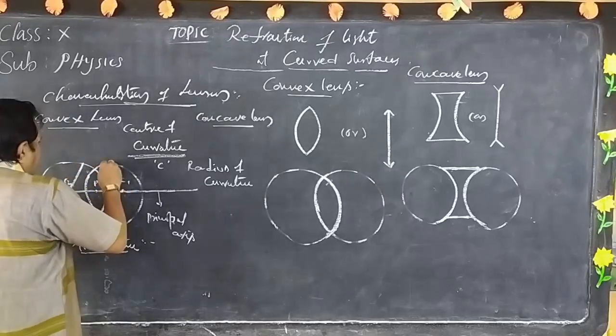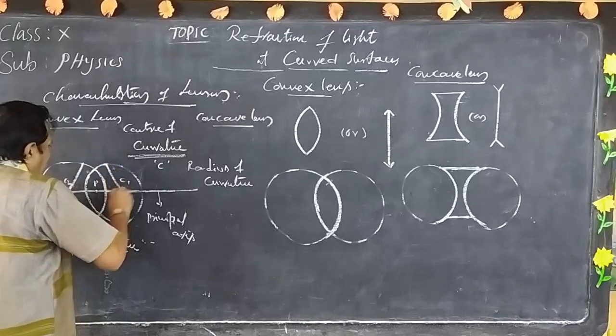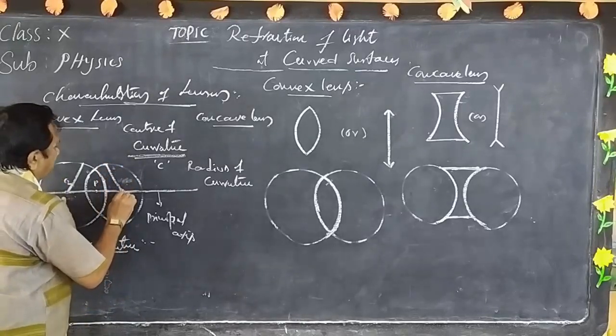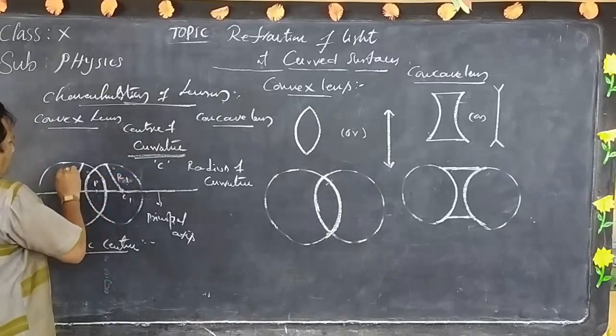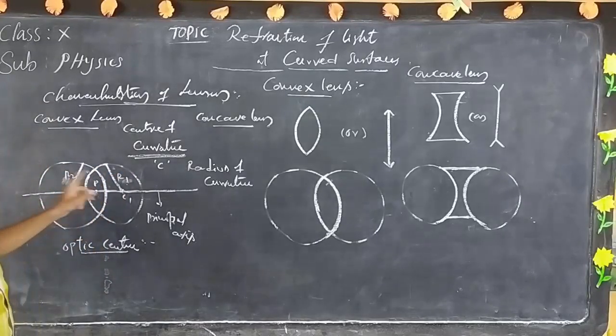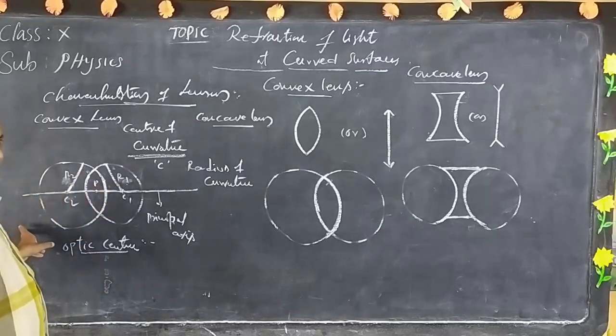From the center of curvature to any point on this curved surface, we consider that as the radius. These centers are C1 and C2, and they are represented by radii R1 and R2, the radii of curvature.